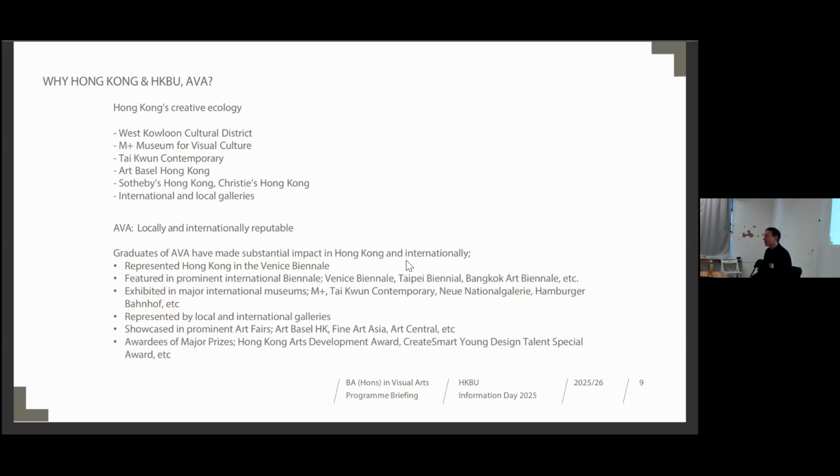We've had our graduates featured in major international museums, M+, Taekwondo Contemporary, Neue National Gallery, Hamburger Bahnhof, for 4 simple examples, but there's many more. We've had our graduates represented by local and international galleries, and we've also have our graduates showcased in prominent art fairs, Art Basel, Art Central.